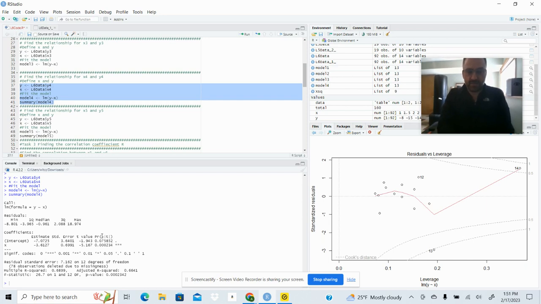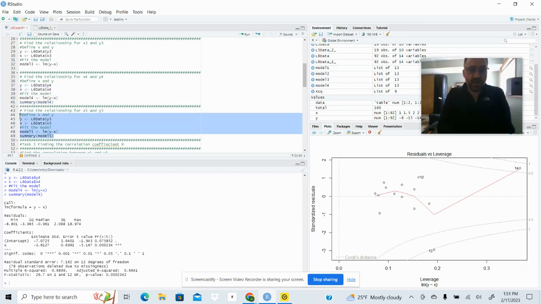It looks to be both, well, the x is a significant predictor of y, and the F statistic is 26.7. The p-value is less than 0.05, so it's significant as well.